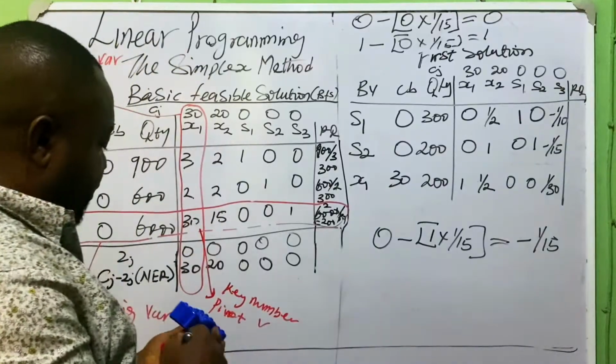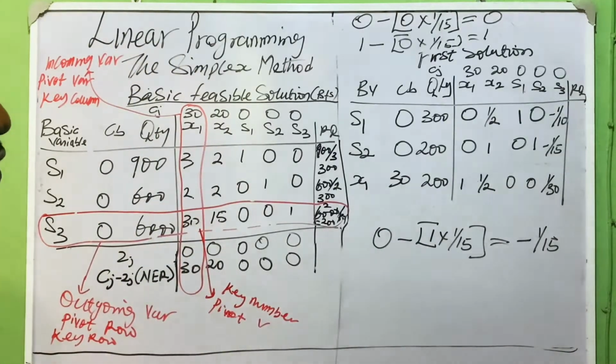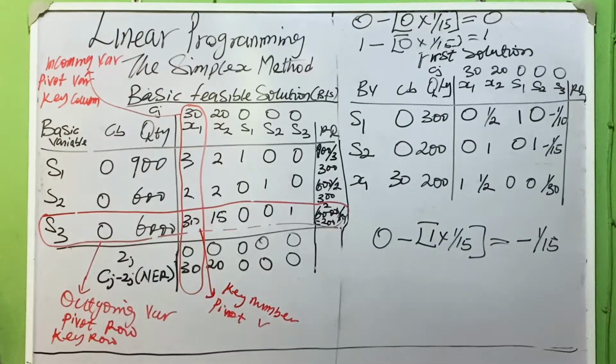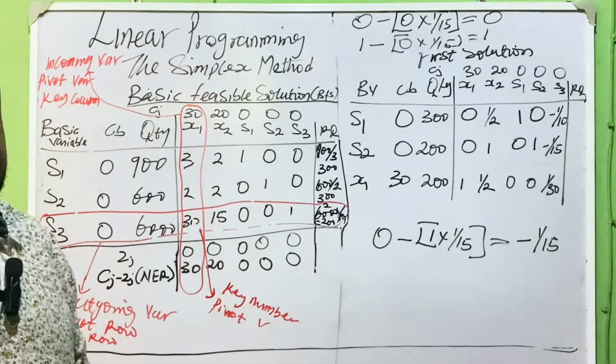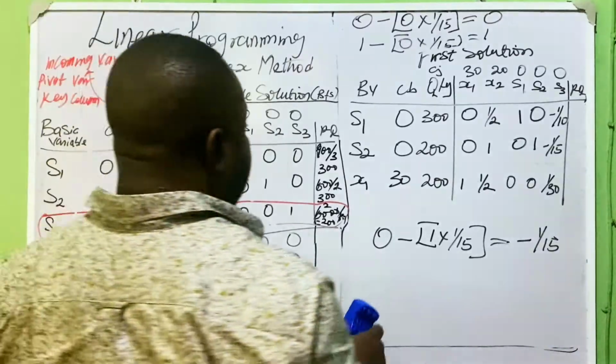Now, having transformed all the values, having improved on all the values, we're now going to test again, test for optimality, to find out if we have attained optimality and determined the right production combination plan that will satisfy this condition.